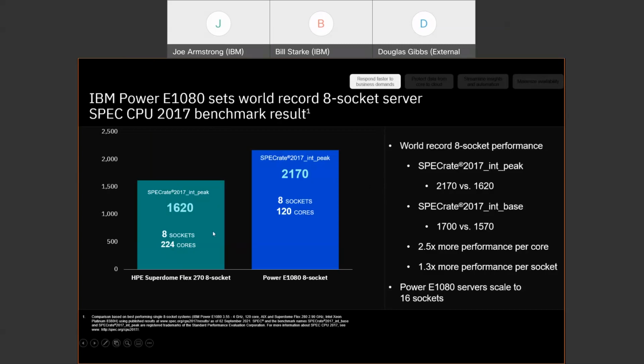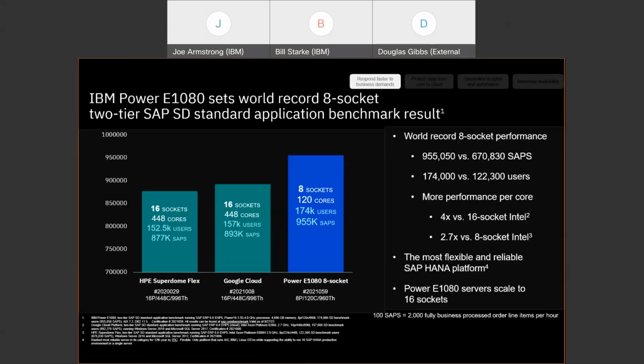And if we look at it a little bit differently, so this is a SPECint benchmark. Let's look at SAP. A lot of SAP customers out there. This is even more interesting because with SAP you don't buy it charged per core. It's more by number of users, I think is the way they charge for SAP. But you can see half the sockets, way fewer cores, and you still have more SAPs.